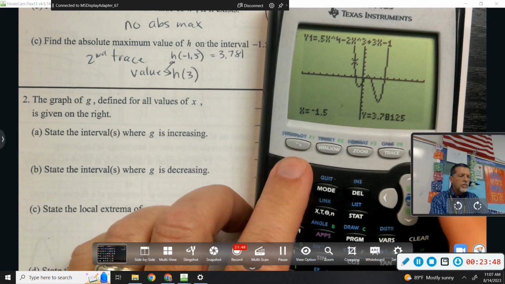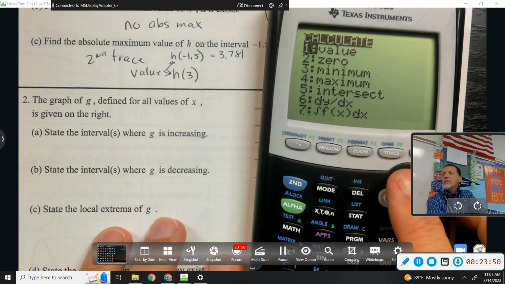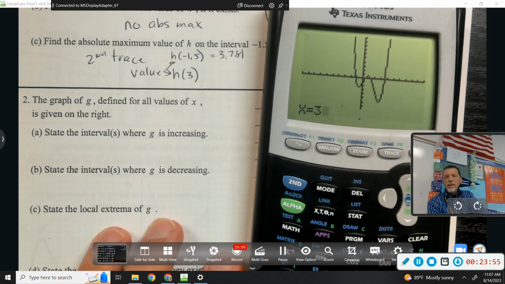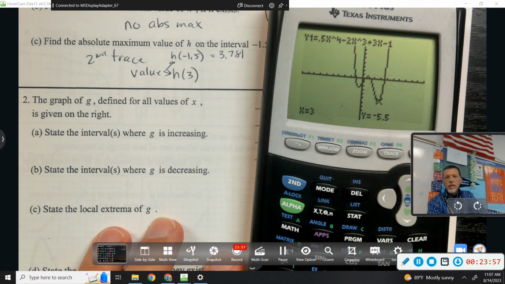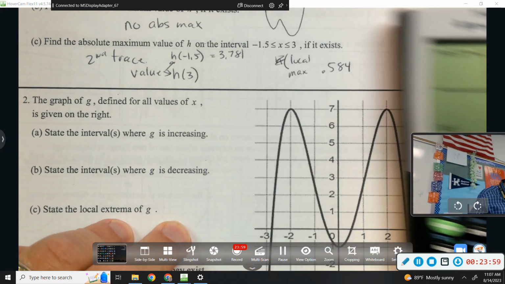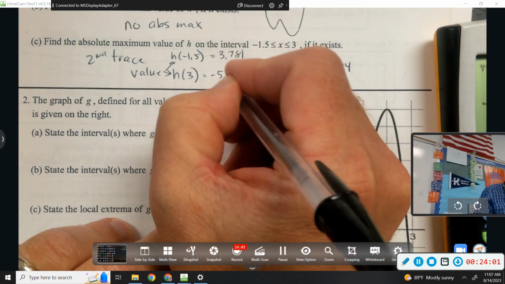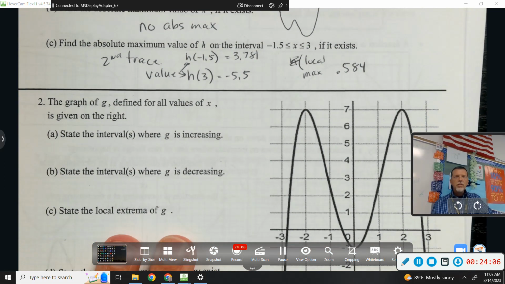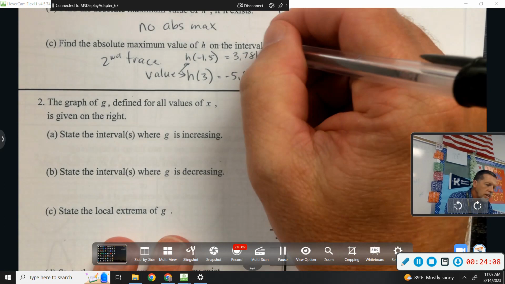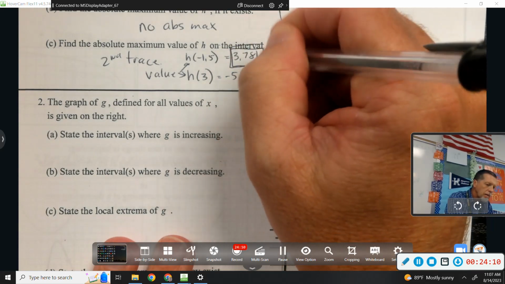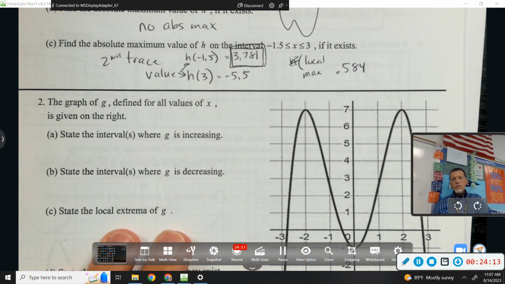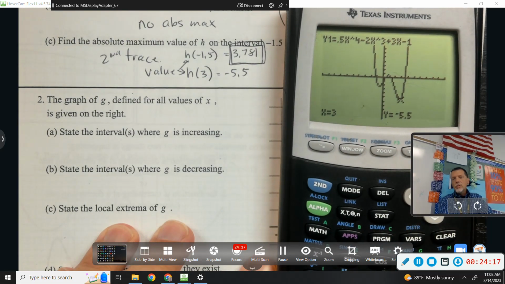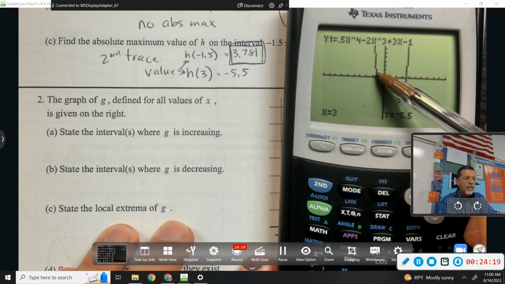Second trace, value, and then you just type in whatever x value you like. So at 3, my y is negative 5.5. So my absolute max on that interval is 3.781. Now that's not a local max, but that's okay. It's the absolute max on that interval.